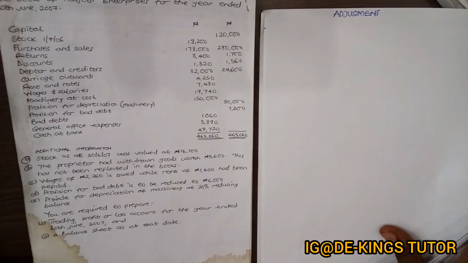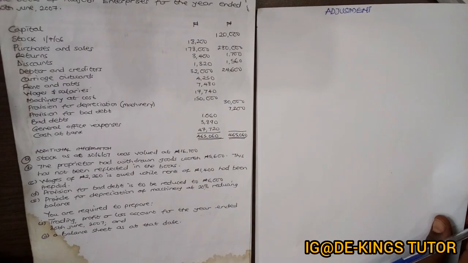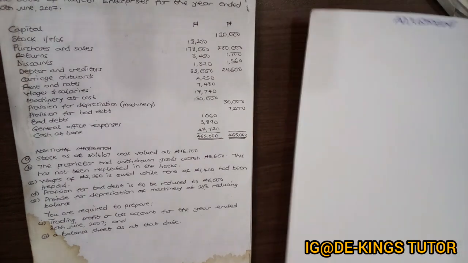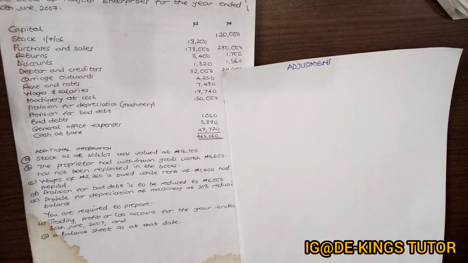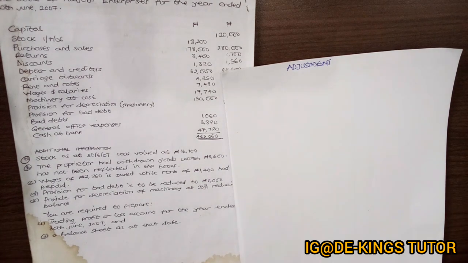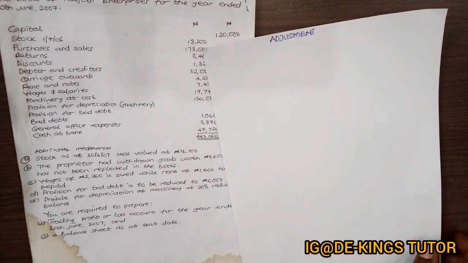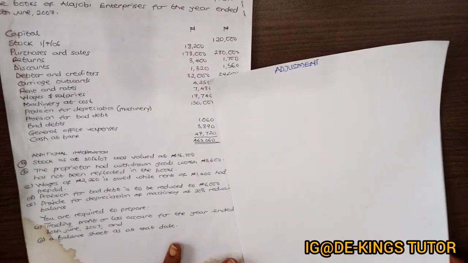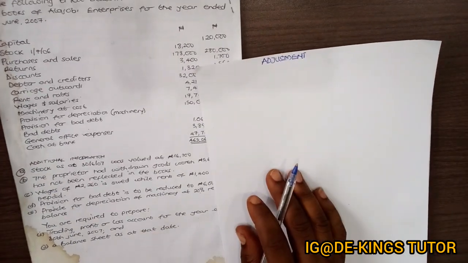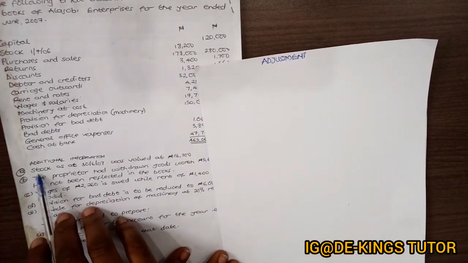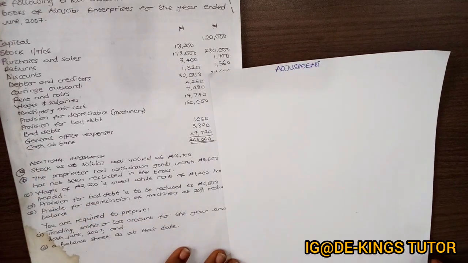Now, while preparing the trading profit or loss account, I've always advised it is important we prepare the adjustments first, that is, those items recorded in the additional information. Now we are going to show where each will appear and how many times it will appear. The first item in the additional information is stock.